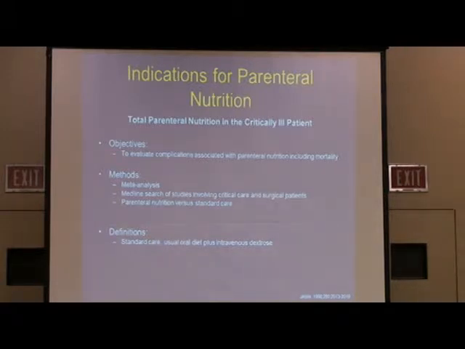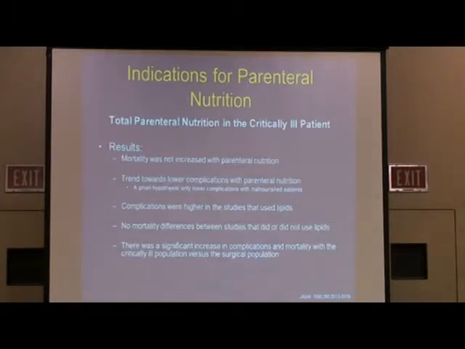It was a meta-analysis; the investigators did Medline searches on studies that included critical care and surgical patients, and looked at parenteral nutrition versus standard of care, defined as usual oral diet plus intravenous dextrose, like maintenance fluid. They found there wasn't an increased mortality with parenteral nutrition, and there was a trend towards lower complications with parenteral nutrition.